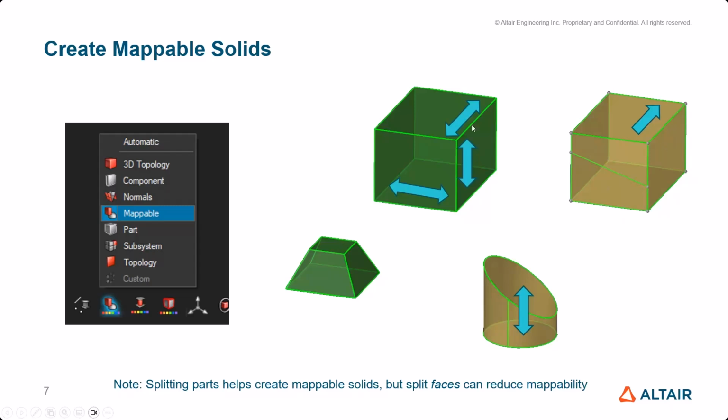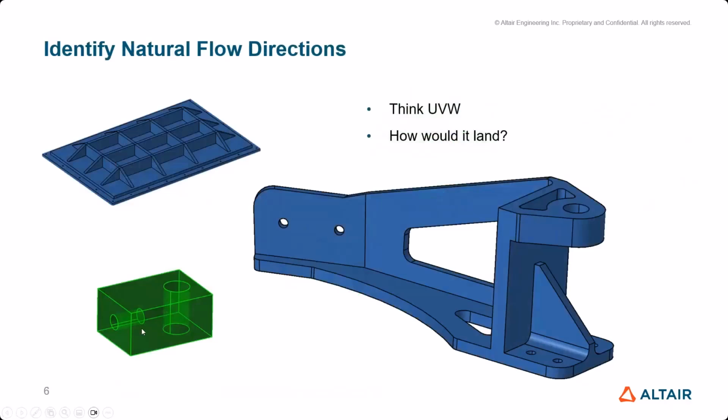And it doesn't have to be perfect angles. Something like this is still mappable in three directions. The color here is the color scheme that you get with the mappable setting. And like I said, with this, you have the challenge that on this half, you're mappable in one direction, which is along the axis of that hole, and on this half, you're mappable in one direction, which is perpendicular to that hole direction.